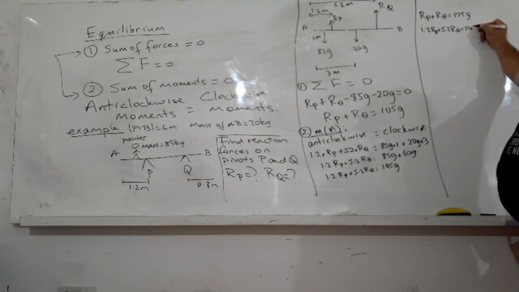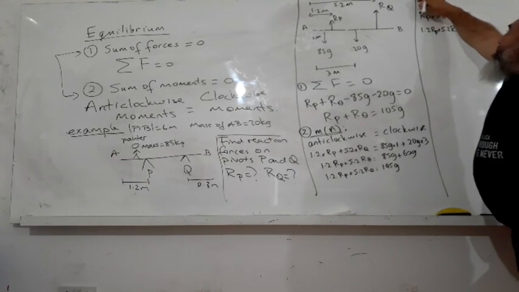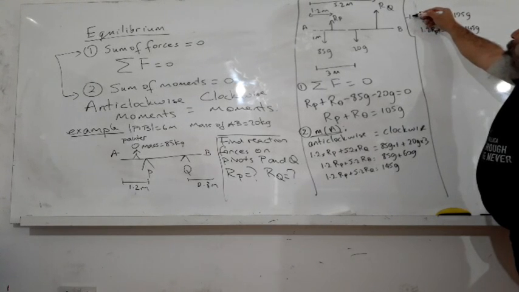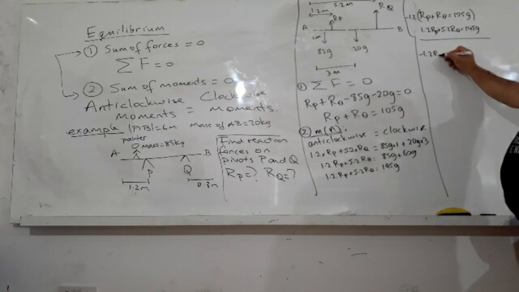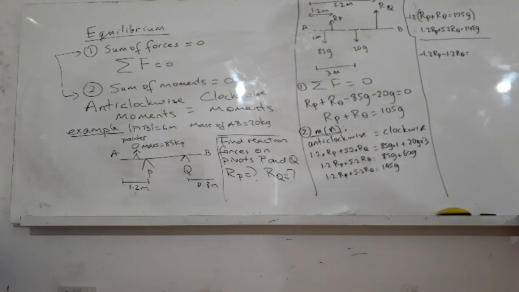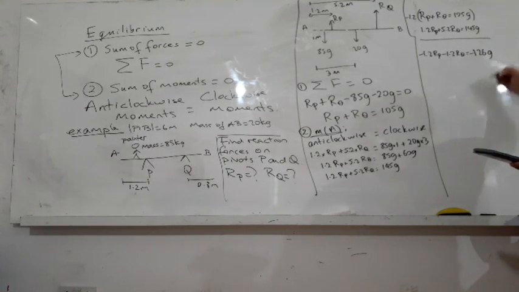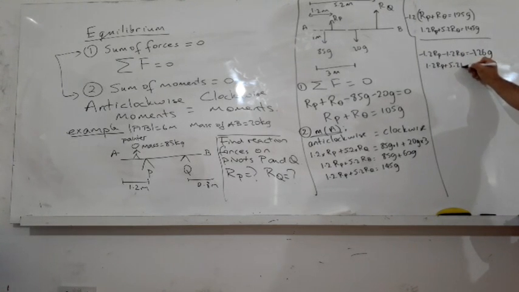So let's multiply the first one by minus 1.2: minus 1.2 RP minus 1.2 RQ is equal to minus 126G. 1.2 RP plus 5.2 RQ is equal to 145G.